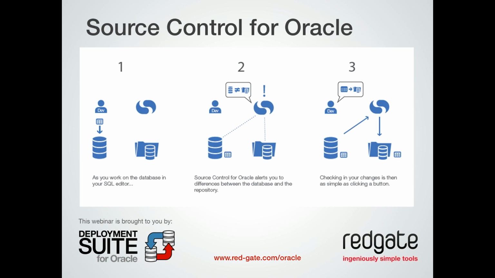So as well as having the difficulties in actually knowing what's out of sync between the database and source control, it can be quite difficult to actually then convert those objects to SQL files and put them into source control. So source control for Oracle then takes care of that. And as you'll see from the demonstration in a moment, it really is as simple as clicking a button. Obviously, you'll see that I'll also put in a log message as well.